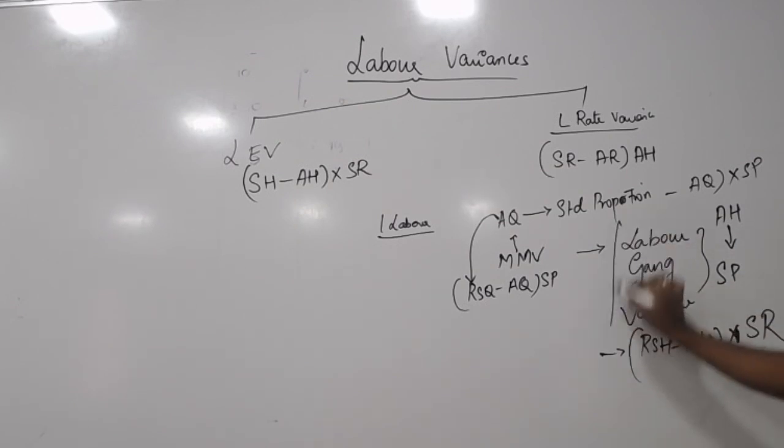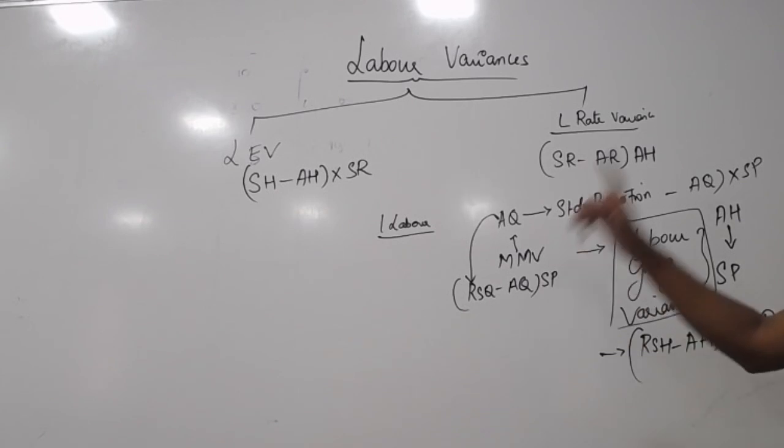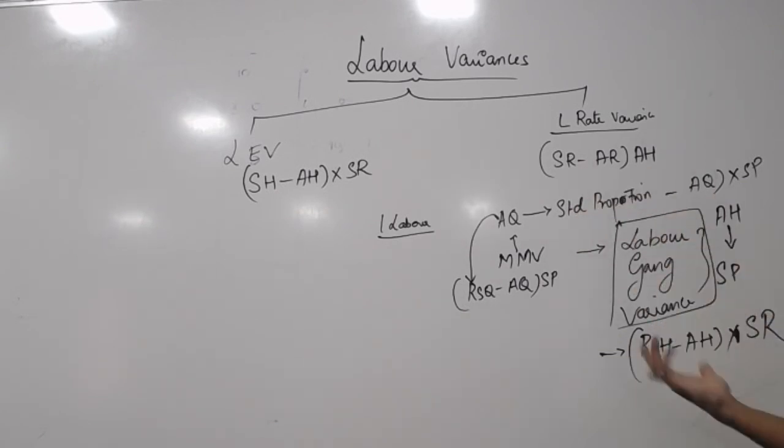That will be the formula for labor gang variance. Guys, please try connecting all of it so that when you remember, you can understand all the formulas together. Right? Copy this down.